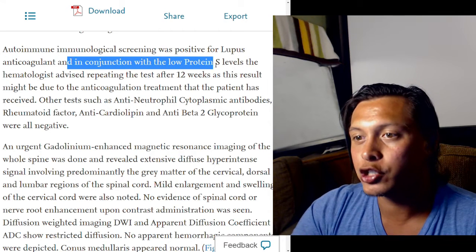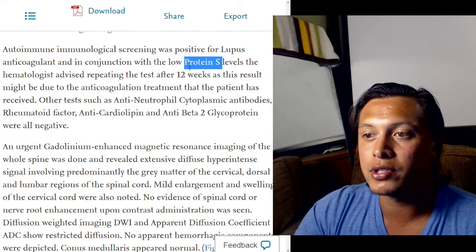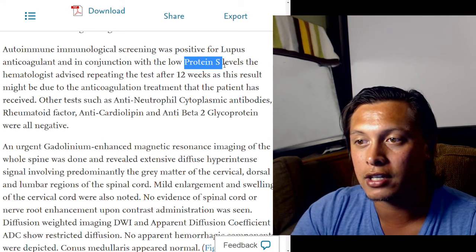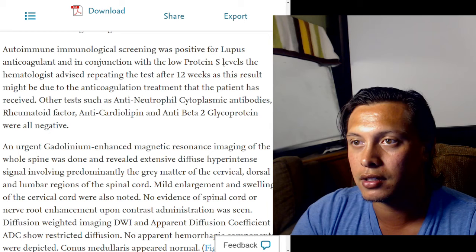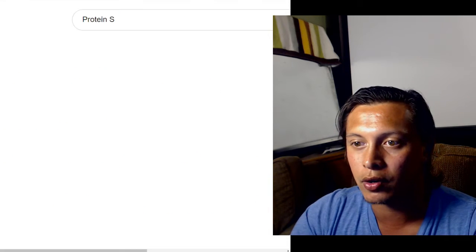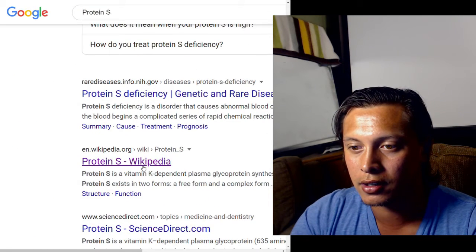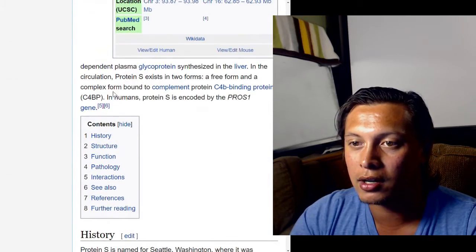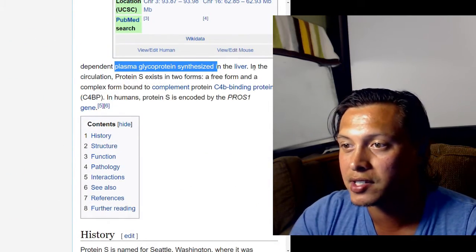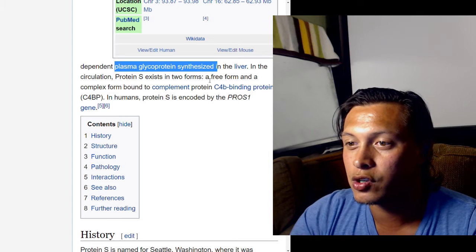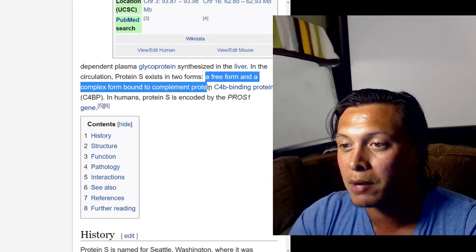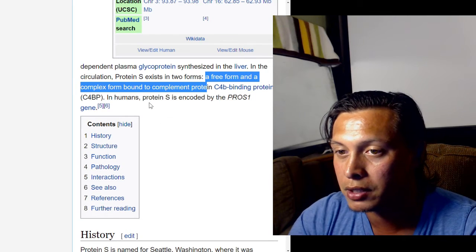Anyways, and in conjunction with the low protein S levels. Protein S is a protein that is involved in clotting. Let's look this up. I looked this up earlier. It's a vitamin K dependent plasma glycoprotein synthesized in the liver, and it exists in two forms: a free form and a complex that is bound to the complement protein C4b binding protein.